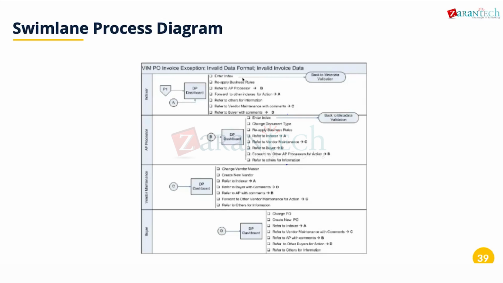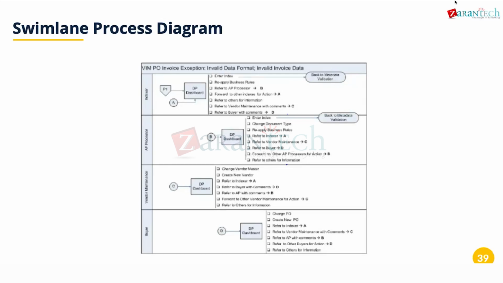For each process option, we have a respective thing. Here it is saying back to metadata validation, and reapply business rule: have corrected the data, just verify the data again so that it will try to resolve the solution.